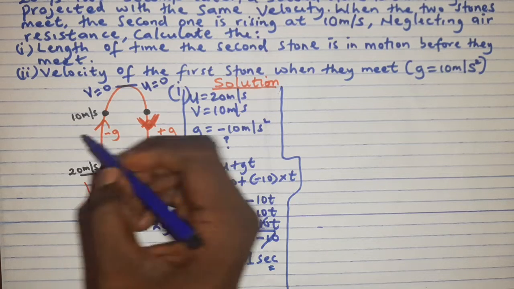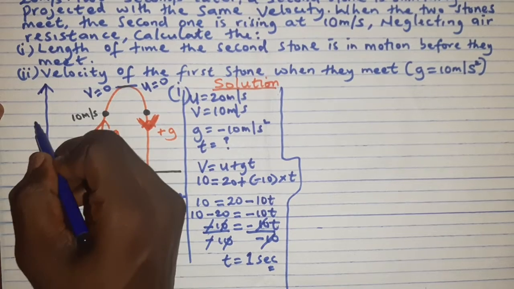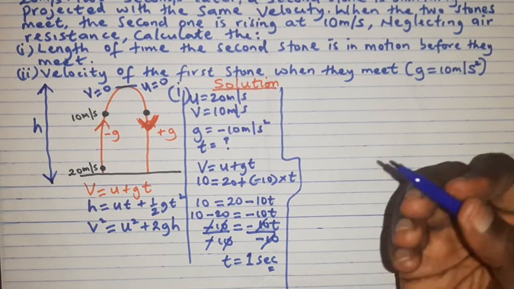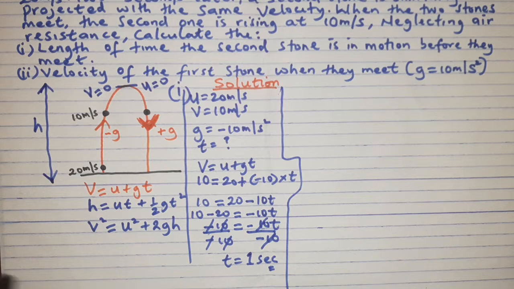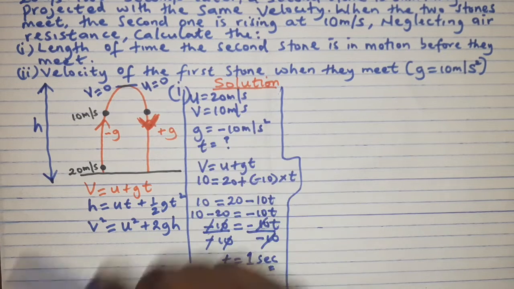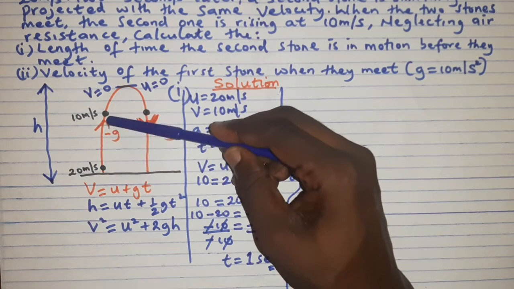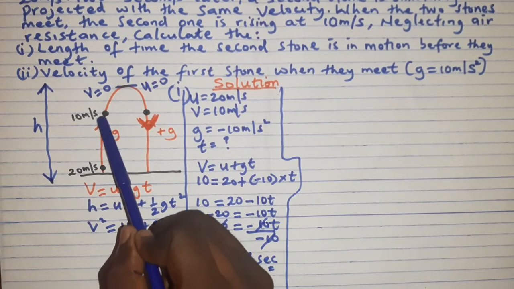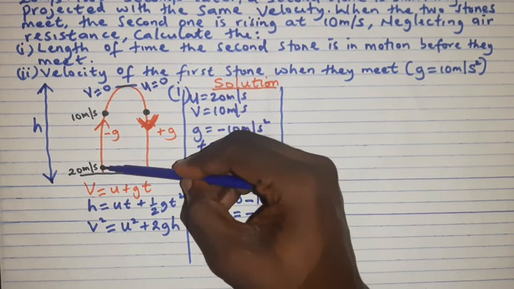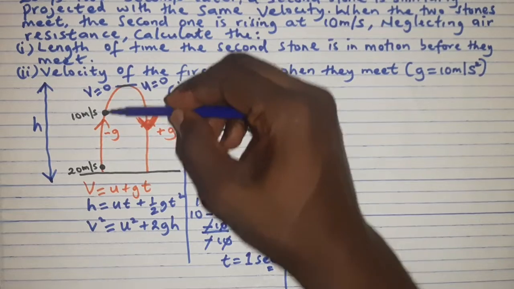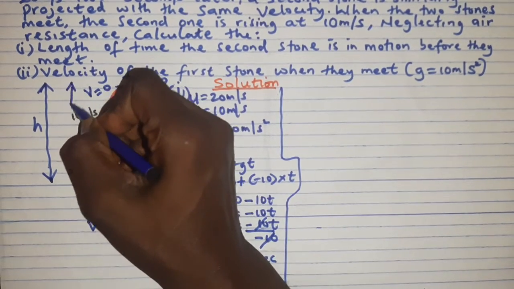So let's get the maximum height, our h. The reason I'm trying to get the maximum height is that it will help us get the speed of the first stone. If you get the maximum height, then you can get the height that this stone has covered at this point. When you get the height it has covered from here to here, you can get the remaining height by removing this height from the overall height, and you get this height here.